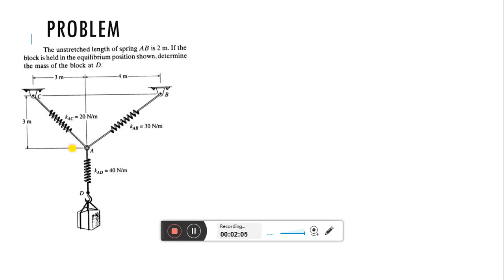In each of the spring you can see KAC, KAB, KAD, this information is given.